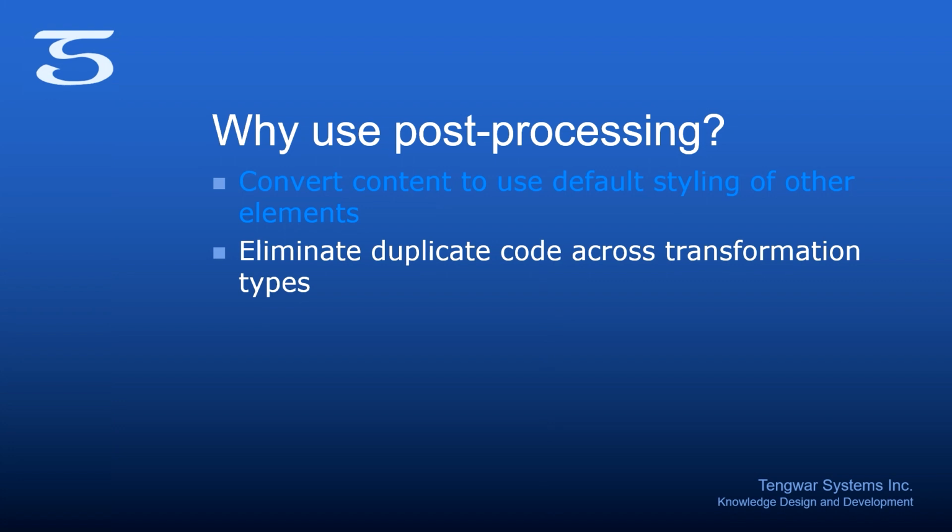So in most cases, because the code's similar, you can just create a single transformation in this post-preprocessing stage, and then you can minimize what you have to do to differentiate between your PDF and your HTML outputs, if you need any differentiation.